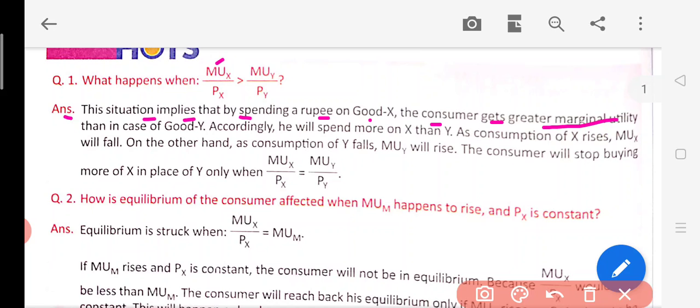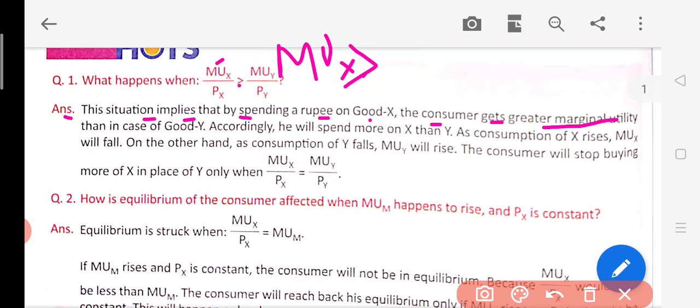One more clue I want to give you: suppose in the question you just look at this arrow, this greater than sign. By this you can say that it is open on the side of MUX.